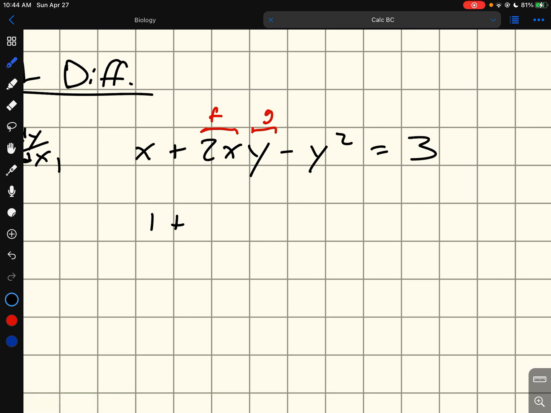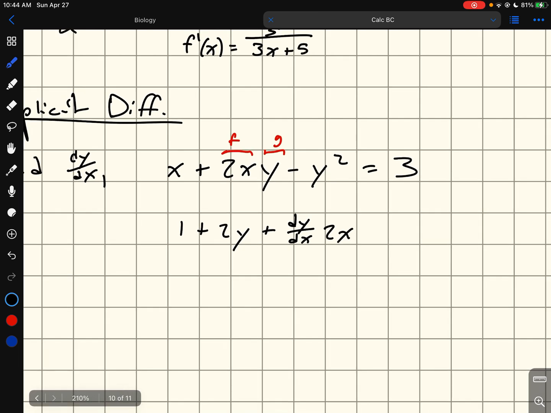So f prime, the derivative of f, is just 2. And then g plus g prime, which is dy dx, because the derivative of y is just 1, but it's with respect to x, so you have to add on a dy dx. And then g prime f, so 2x.